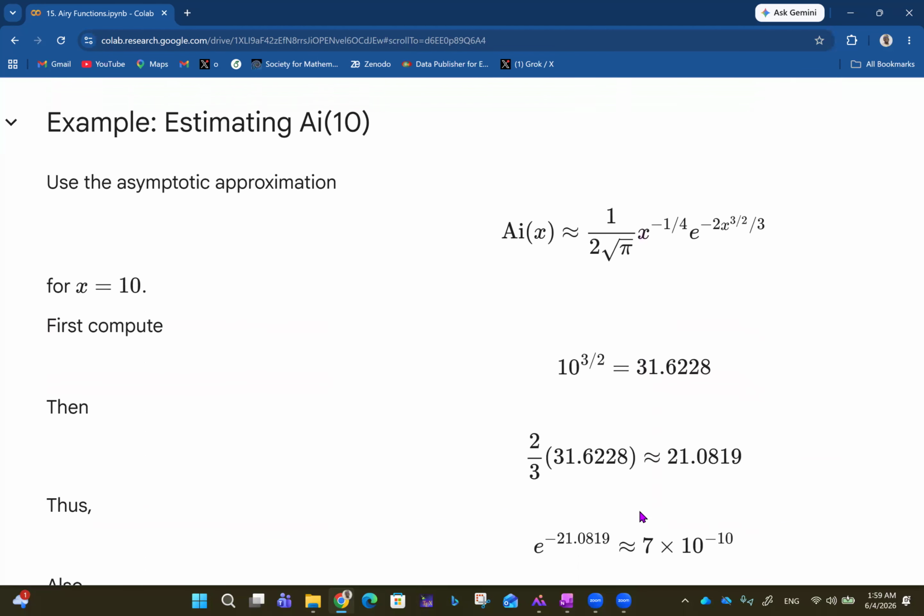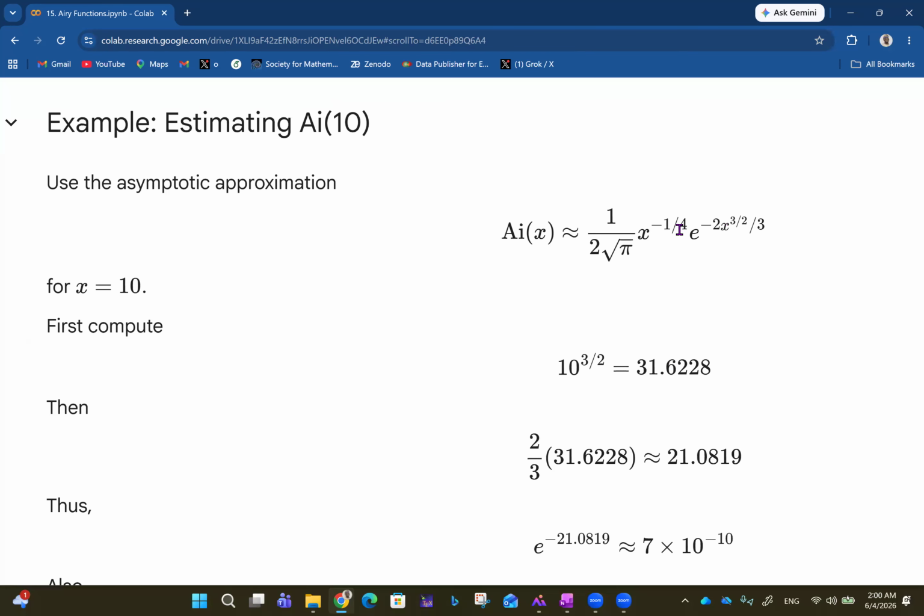So we can take an example, estimating Ai(10). If you use the asymptotic approximation, Ai(x) is approximately 1 over 2 root pi times x raised to the power minus 1 over 4 times e raised to the power minus 2 x raised to the power 3 over 2, all divided by 3. For x equals 10, anywhere you see x, you put 10. First compute 10 raised to 3 over 2, that is 31.6288.